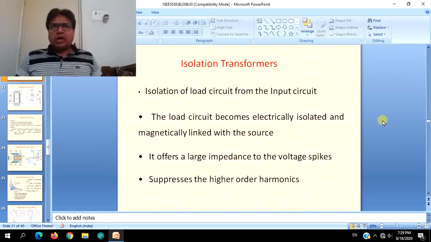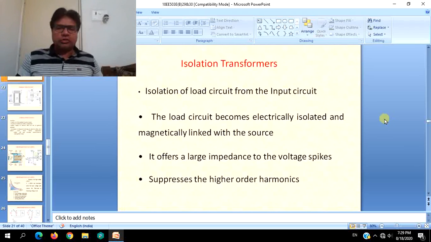Due to high voltage spikes or harmonics or electromagnetic interference or higher frequencies or higher voltages, the load gets affected, the load may get damaged, and sometimes even the human beings who operate them will get an electric shock, resulting in further hazards.